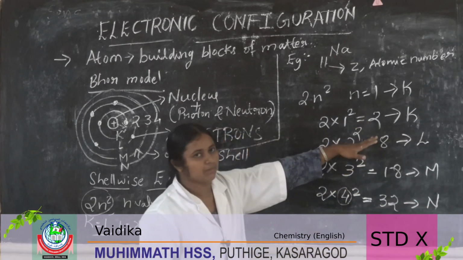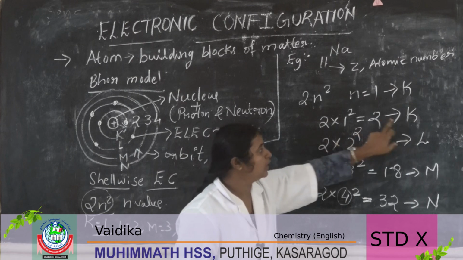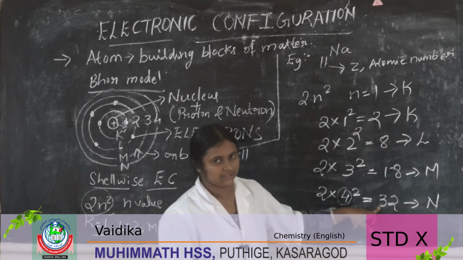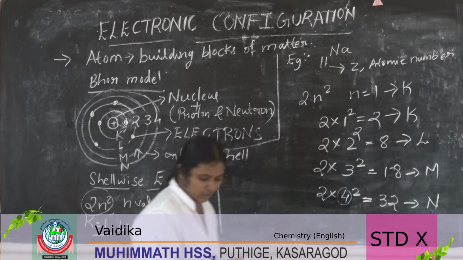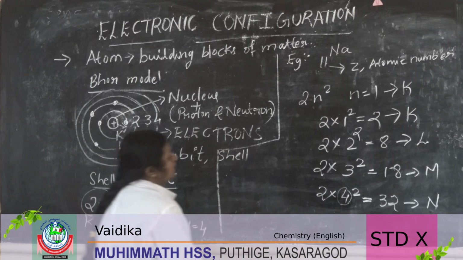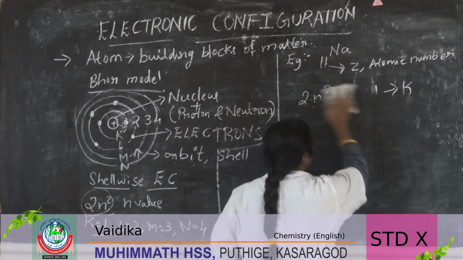So the maximum numbers that can be occupied in the shells are K 2, L 8, M 18 and N 32, right? So let us write the shell-wise electronic configuration of sodium. What is the atomic number?